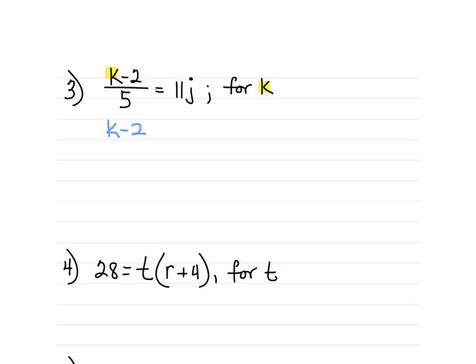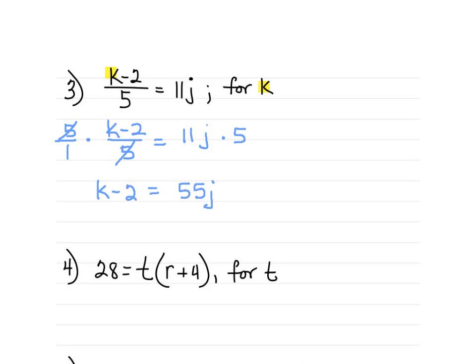So I will bring this down. K minus 2 over 5 equals 11J. And I will multiply by 5 over 1 on both sides. Of course, when I multiply by 5 over 1, on the left, I'm left with K minus 2 equals, and 11J times 5 is 55J.